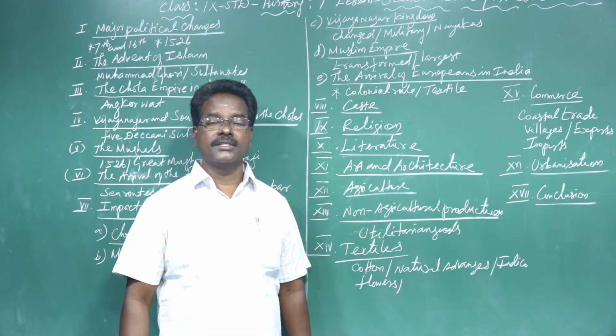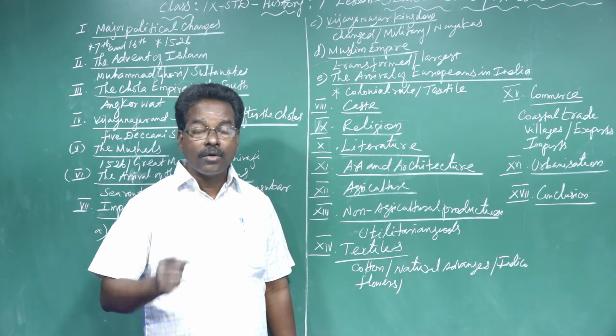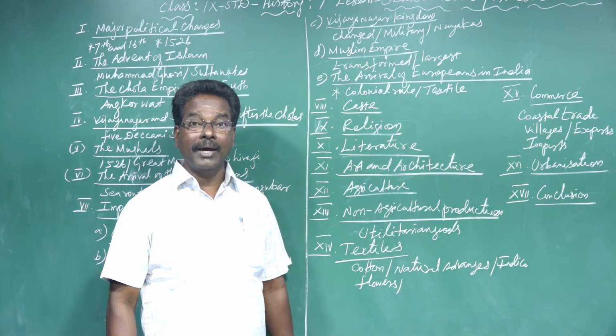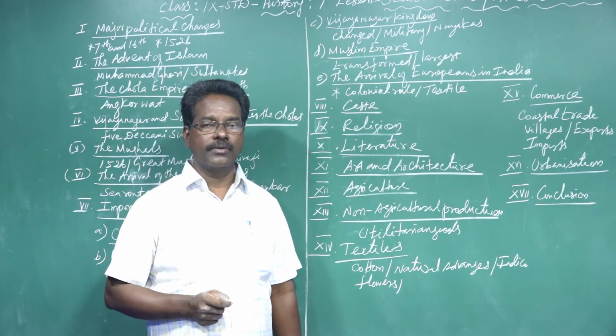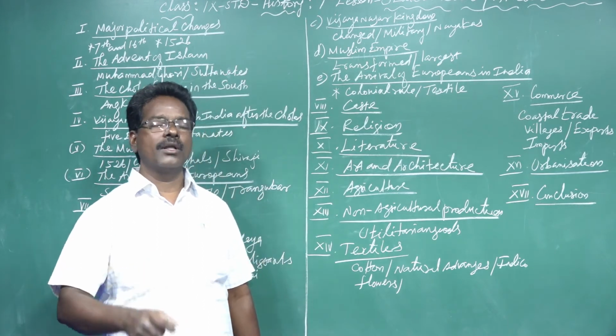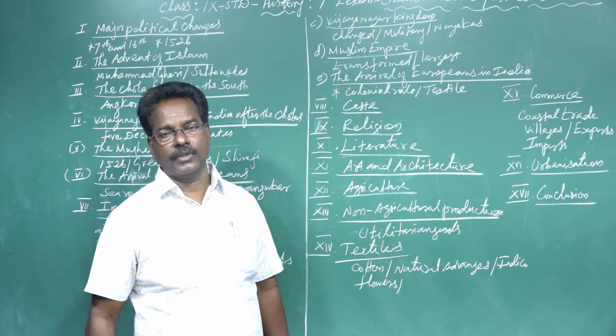They were called traders, businessmen, and farmers. They manufactured industrial goods, agricultural goods, farm products, and cattle products, and supplied all the goods and services to the people.